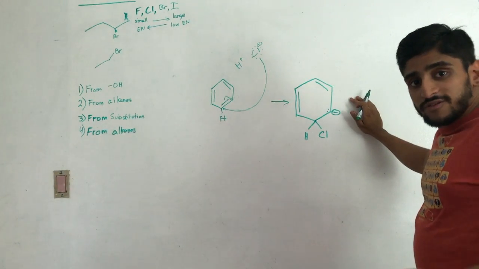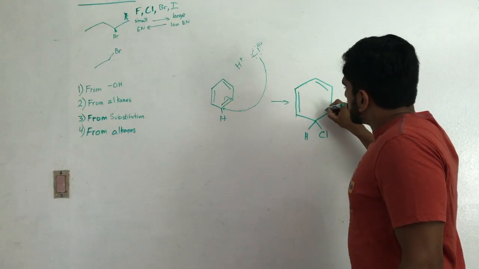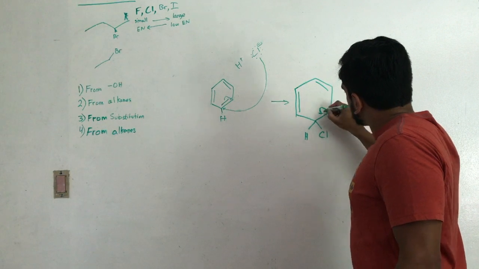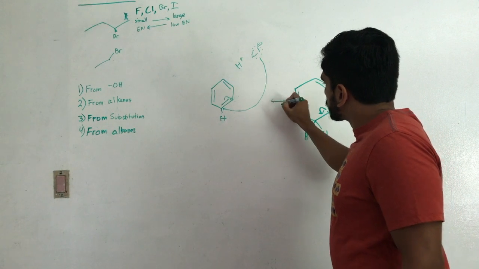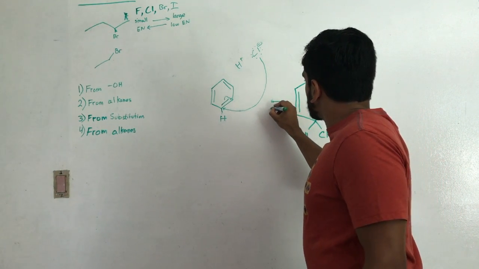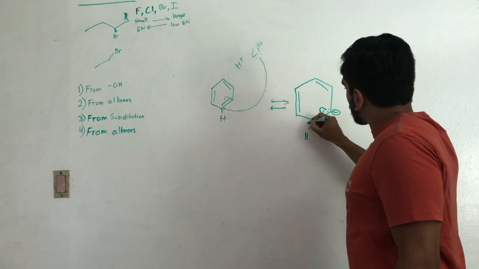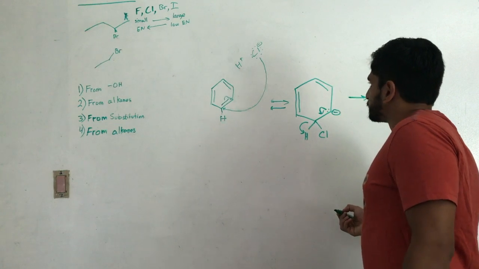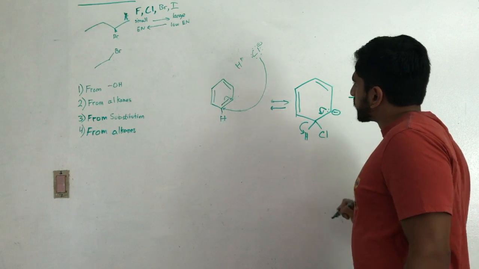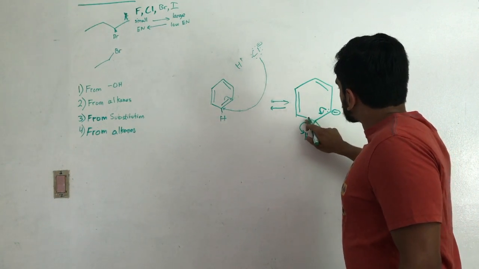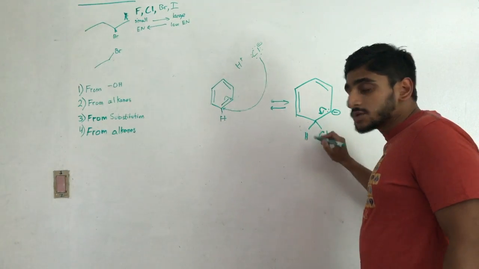Now you need to reform aromaticity. To reform the aromaticity, these electrons are going to kick back and kick off. They can either kick off the chlorine, which makes this reaction reversible, or they can kick off this hydrogen atom, which, since the electrons are kicked off with it, can go and link up. This is a hydride because it's a hydrogen plus 2 electrons.